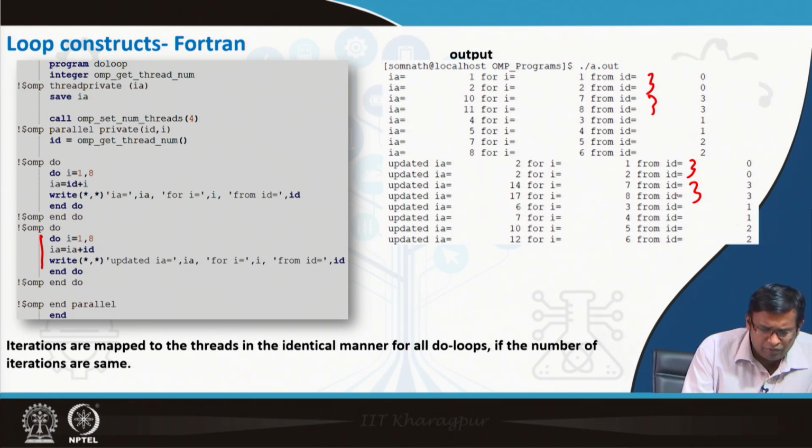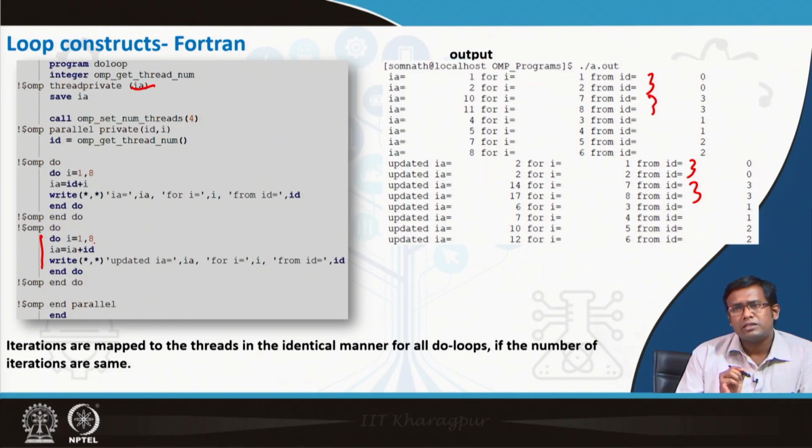Another point is that we have said that the variable IA is a thread private variable. So, the copy of IA remains in each thread across different do loops. What is the last updated value of IA from the first thread, ID equal to 0? ID equal to 0 has the iterations 1 and 2, and the last updated value of IA is 2.